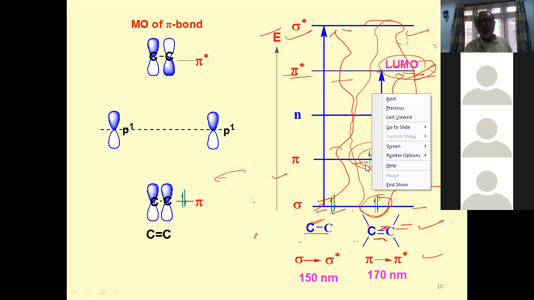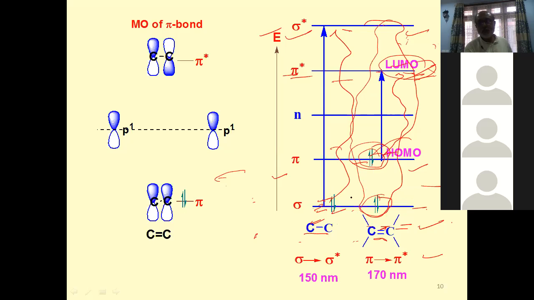Now, in the case of only a carbon-carbon single bond, what was the HOMO? HOMO was sigma, and this becomes LUMO. That takes quite a high amount of energy. The electronic promotion will take place between sigma and sigma star and requires very high energy.